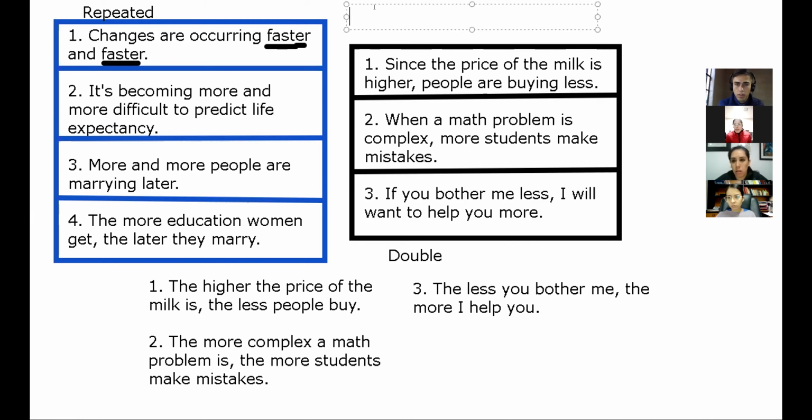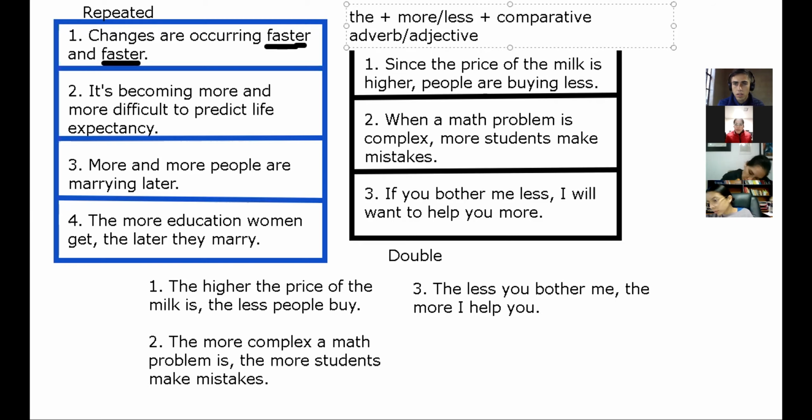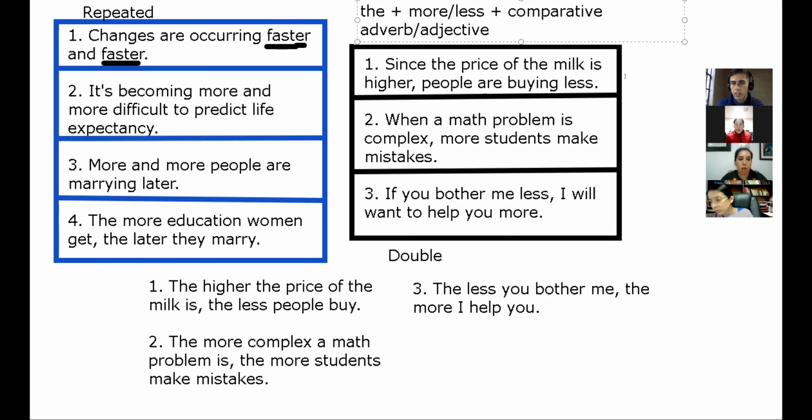Well, let me see. Remember that you always need to have the plus comparative form plus subject plus verb. It can be more or less, and comparative. So this could be like a formula: the less subject, verb.